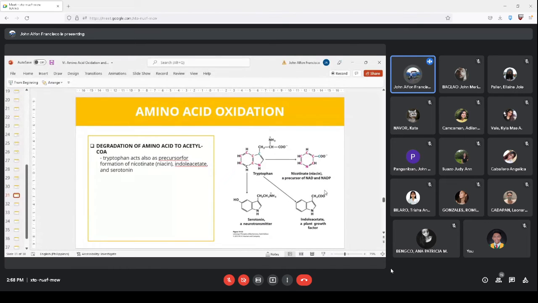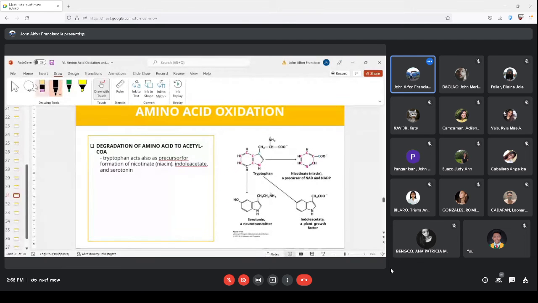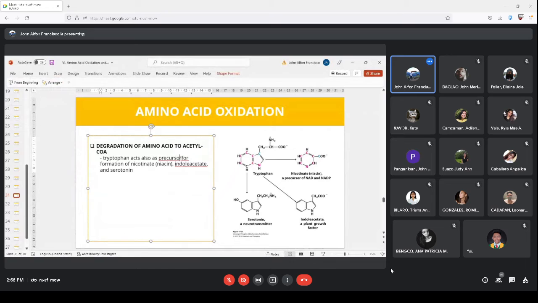Si tryptophan, it can either go on dun sa formation of different starting precursors, pero it can also be a precursor for formation of different biologically important compounds.